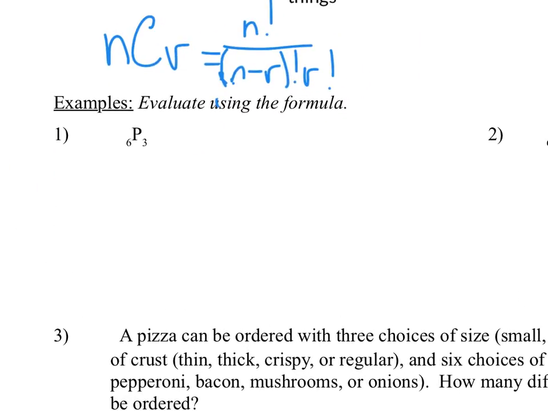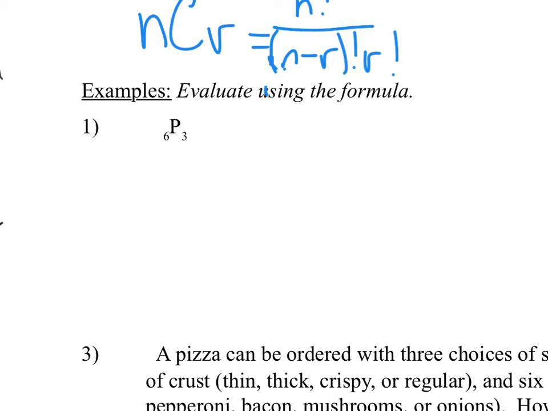Here they are asking us to work through a permutation problem. So the formula we're going to use is our formula for permutations. It's going to look like this. It's going to be 6 factorial divided by 6 minus 3 factorial.